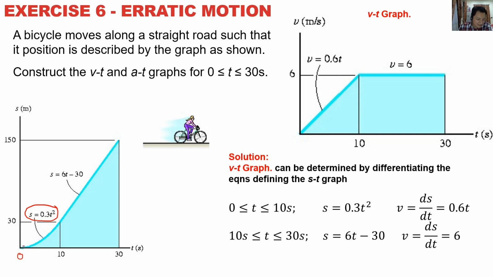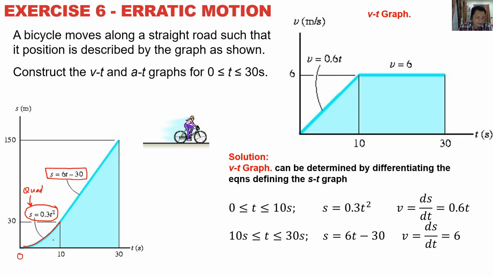This is a mathematical curve. After 10 seconds, if you look at here, this is 0.3 t squared, so this is a quadratic equation. After 10 seconds, the equation becomes linear.